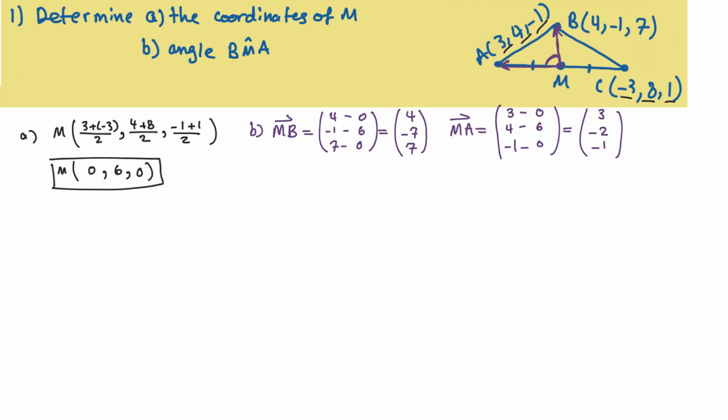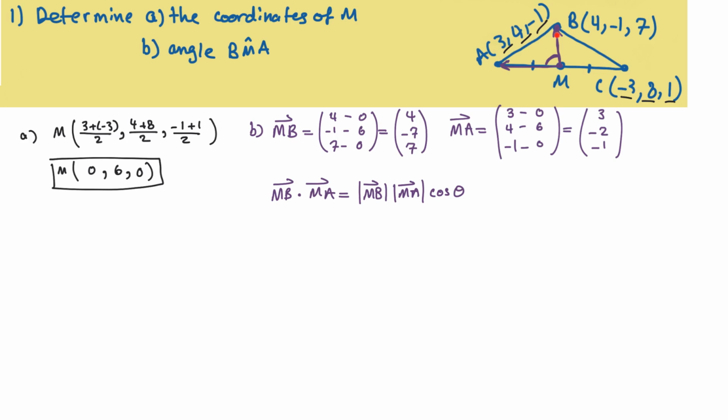Now, the dot product of MB and MA would equal the magnitude of MB times the magnitude of MA multiplied by the cosine of the angle between them. And the angle between MA and MB is this angle over here, and that's why we had to choose MA and MB as our vectors.